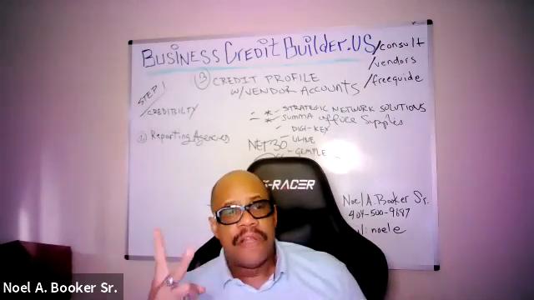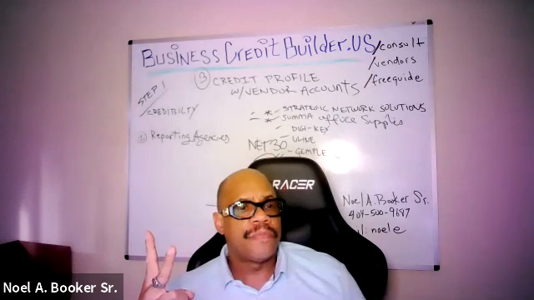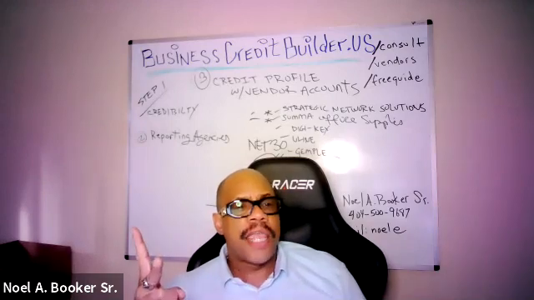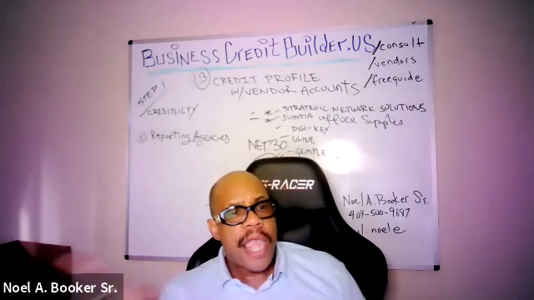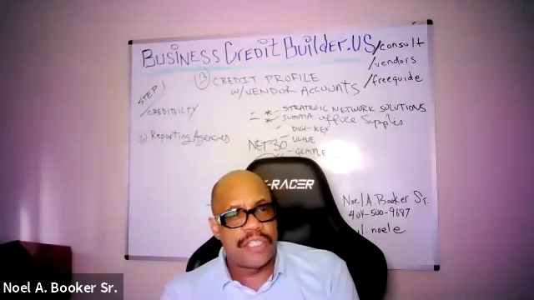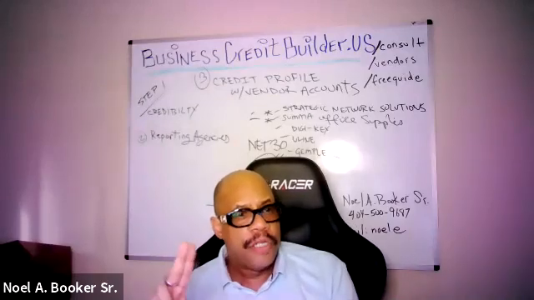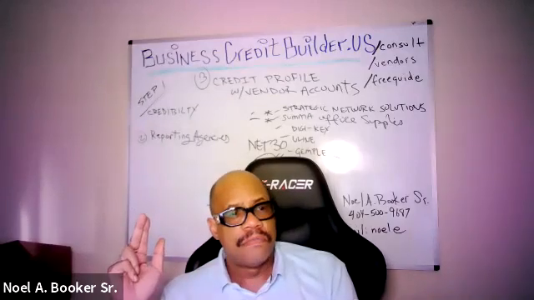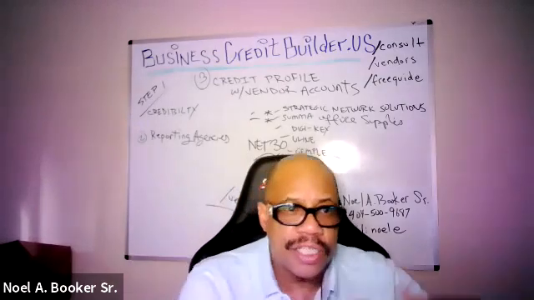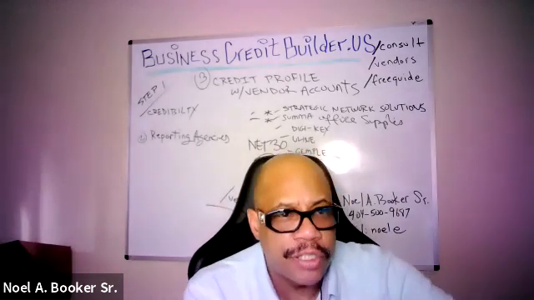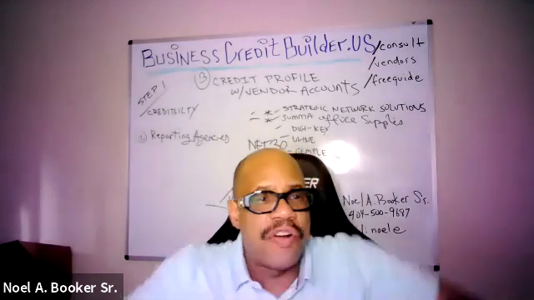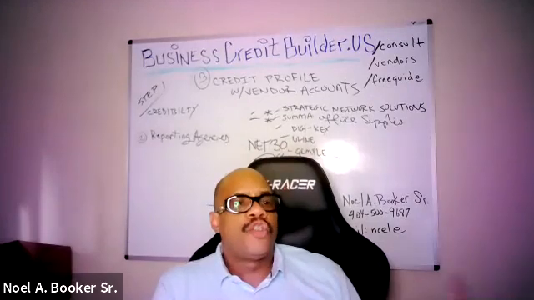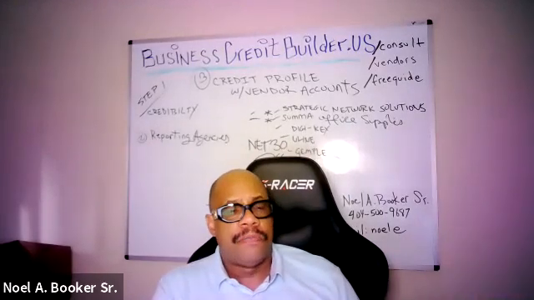The second step is to understand your business credit reports and why you need them and who the players are. There are 3 business credit reporting agencies: Dun & Bradstreet, Experian, Equifax. Once you understand the importance of your business credit reports and you have your credibility, now we're ready to create your business credit profile.